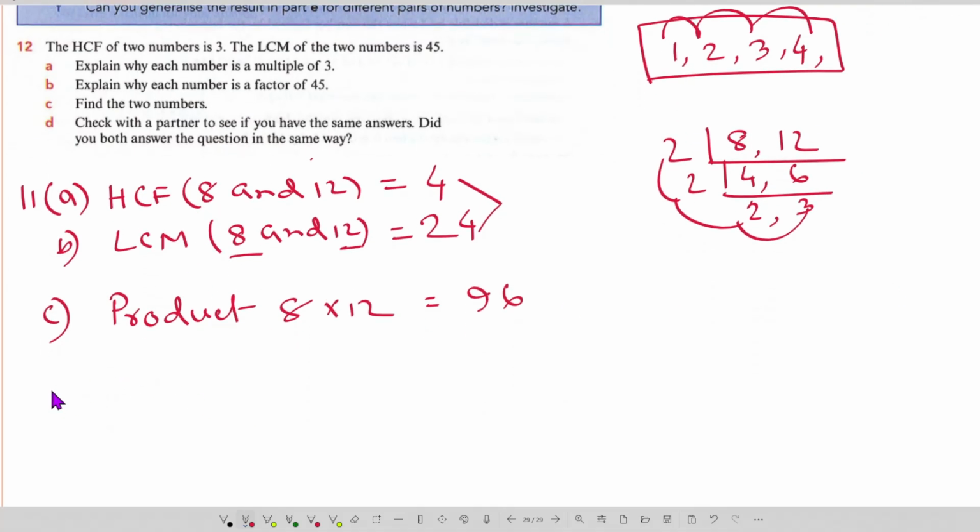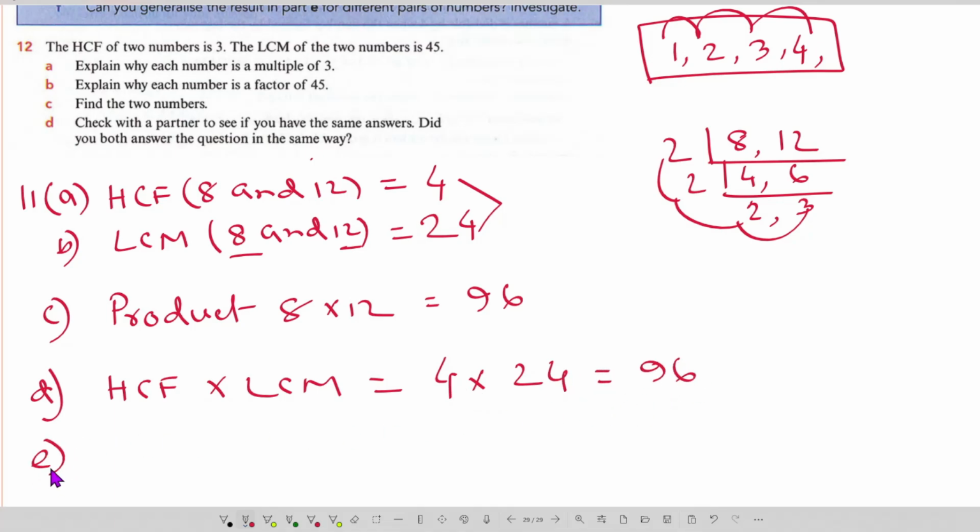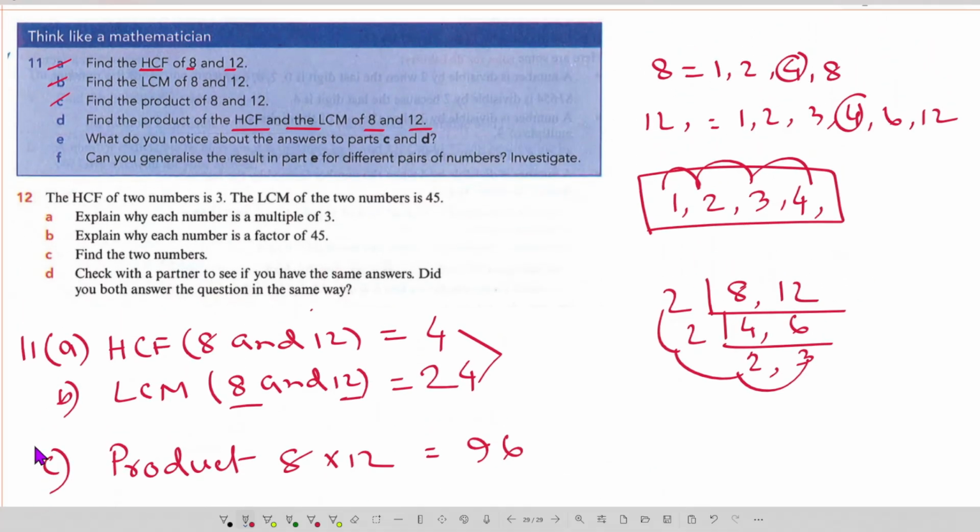How? HCF times LCM equals HCF is 4 times LCM is 24. It will also become 96. Number E, what do you notice about the answers of parts C and D?